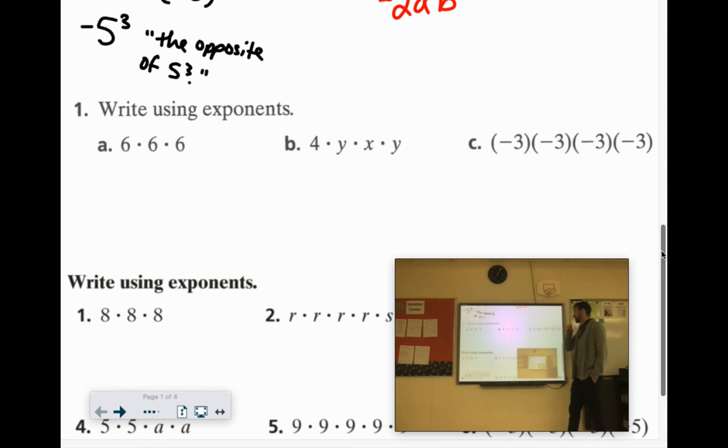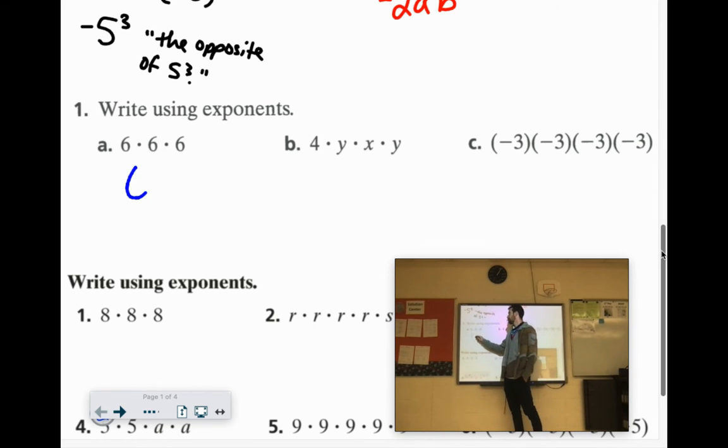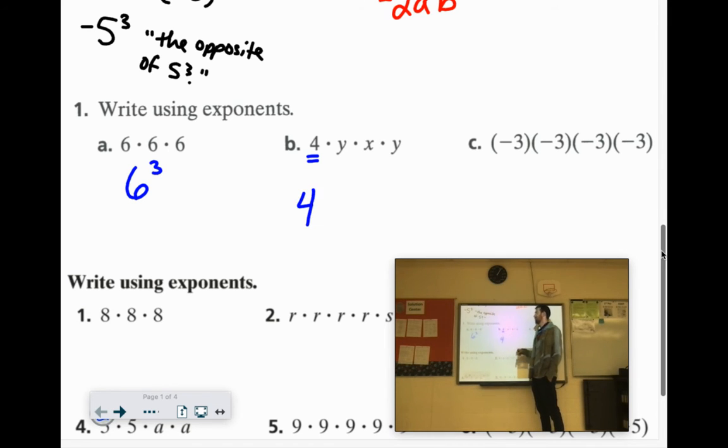So let's try a few more here. 6 times 6 times 6. They're all 6s, so it'd be 6 to the 3rd power. Here we have just the 4. And then it's good practice to put your variables alphabetically. So x comes before y in the alphabet, and there's only the one x.